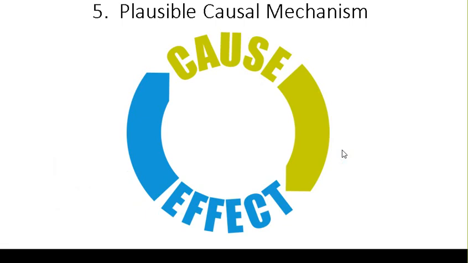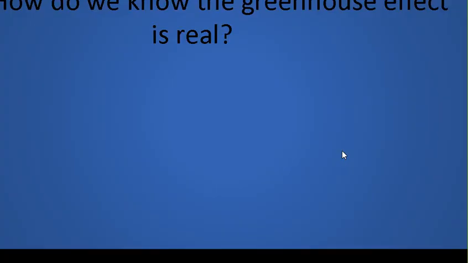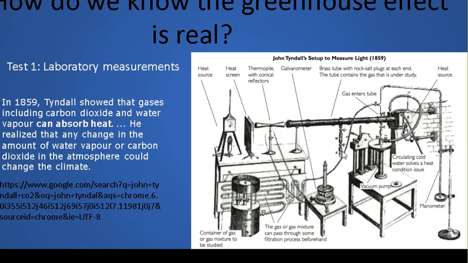So the last thing is plausible causal mechanism. This one's easy. This is just physics. This is beyond debate. They've known about this stuff since 1859. Wow, I said that right. 1859. That's when John Tyndall did an experiment that showed that gases, including carbon dioxide and water vapor, can absorb heat.